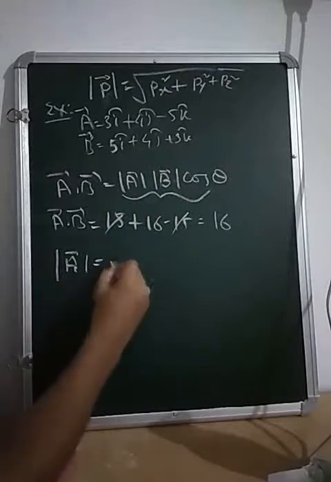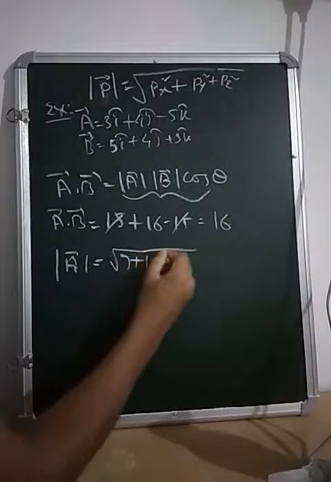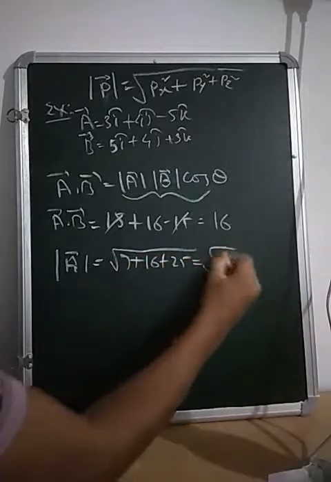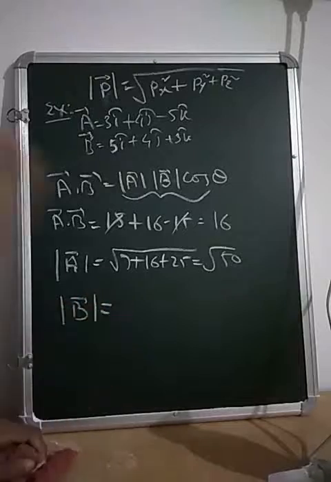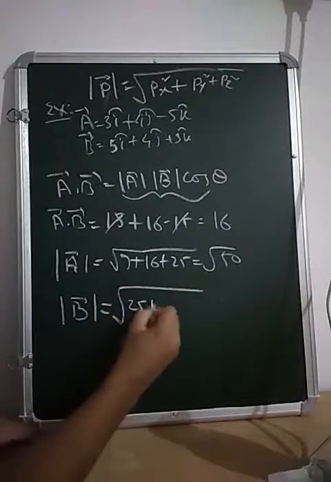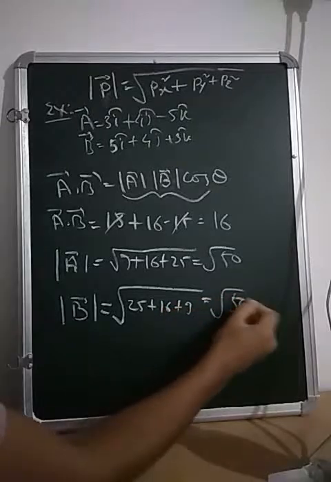So the magnitude of A is root over 9 plus 16 plus 25, which is root over 50. Similarly, the magnitude of vector B is root over 25 plus 16 plus 9, which is root over 50.